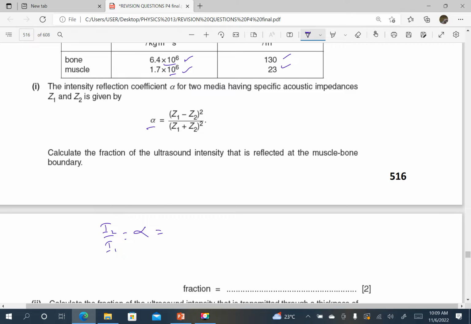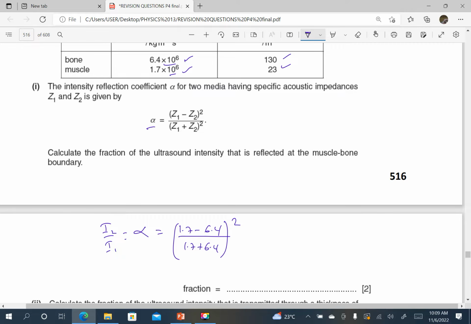Z1 is muscle, that is 1.7. Z2 is bone, that is 6.4. Divide by 1.7 plus 6.4, and I will just square this. The square is always positive, so it doesn't matter which one you subtract first, bone minus muscle or muscle minus bone.